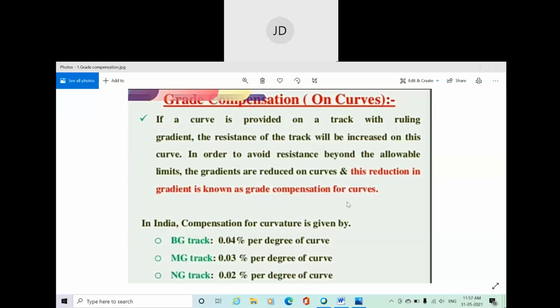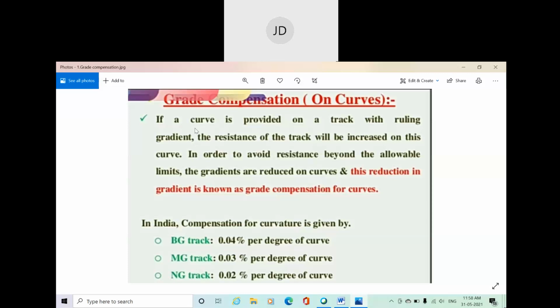I already mentioned that there is a relation between grade compensation and degree of the curve. In India, the compensation for curvature is given by this amount, depending on the gauge: broad gauge, meter gauge or narrow gauge.